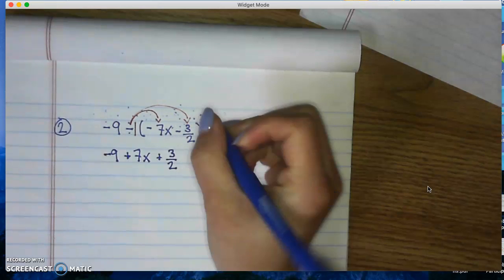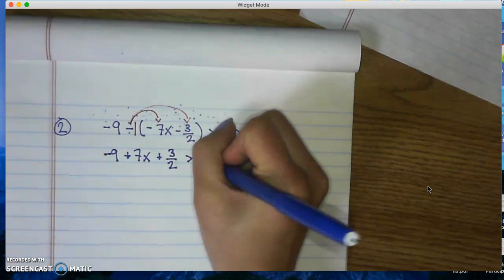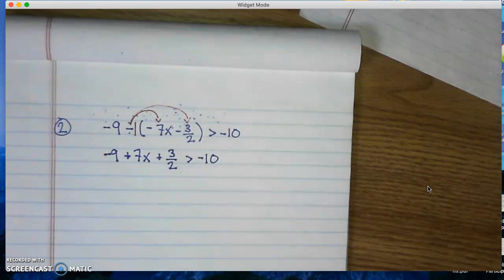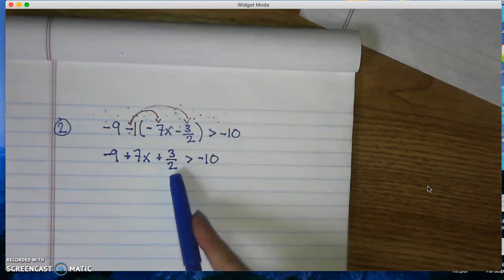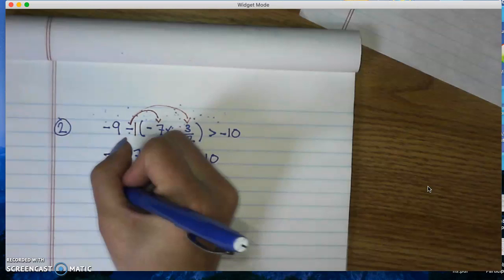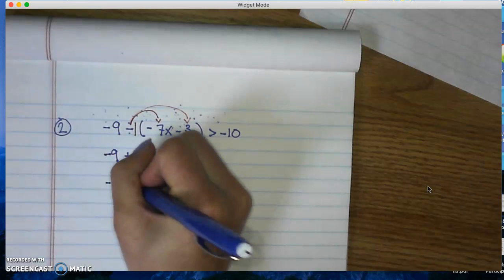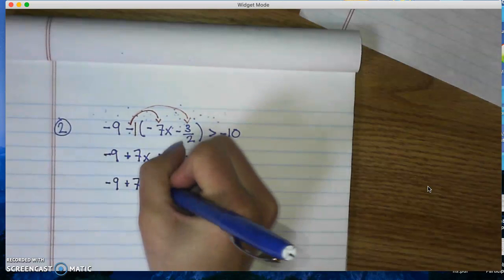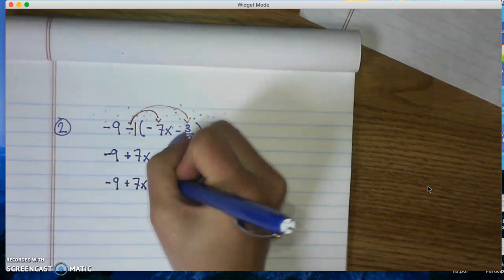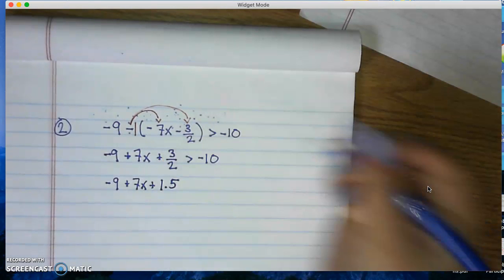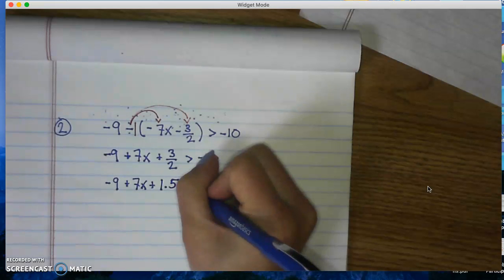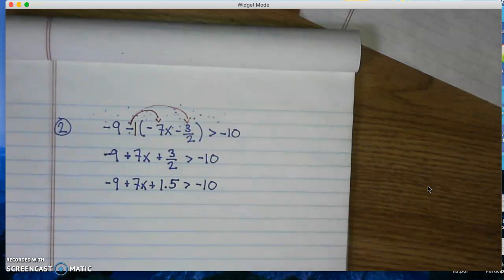3/2 is greater than -10. All right, this time let's convert this into a decimal and see if we can solve it. So I'm going to clean this up as -9 plus 7x plus 3 divided by 2 is 1.5 is greater than -10.